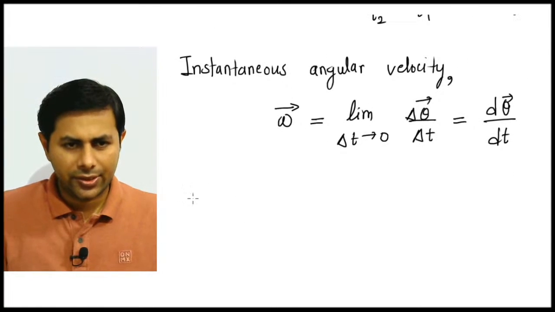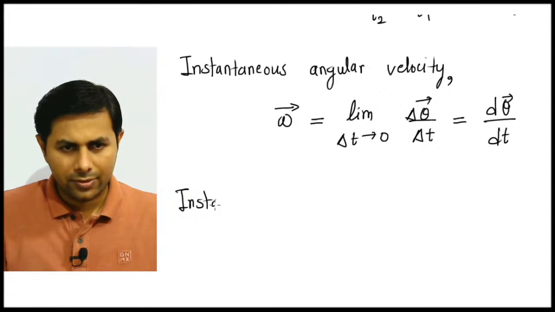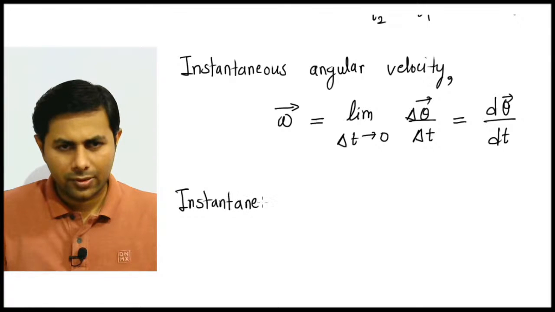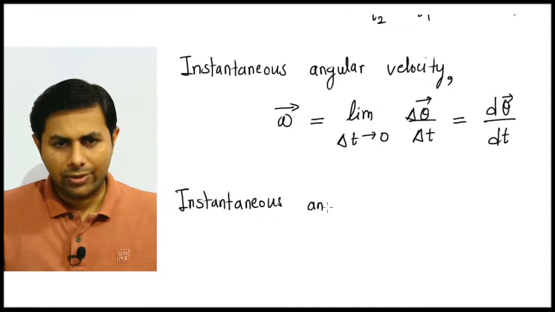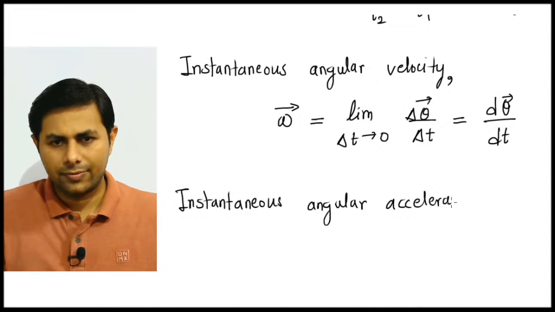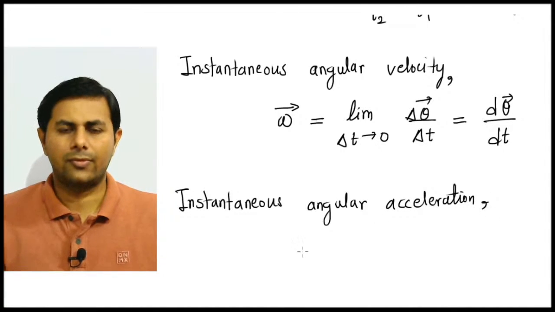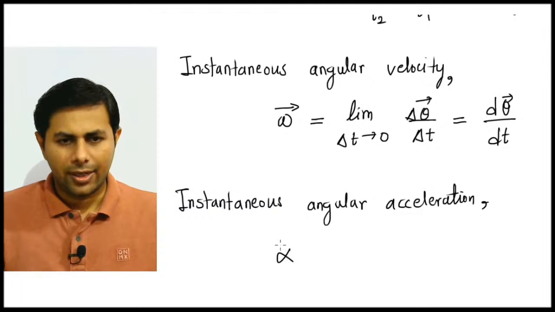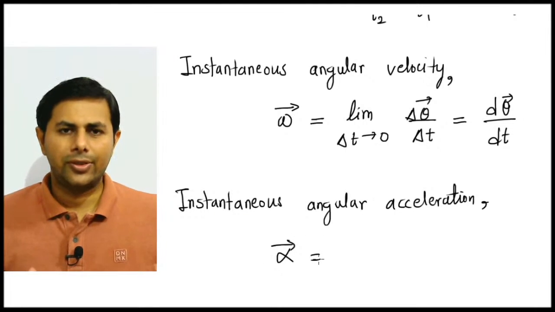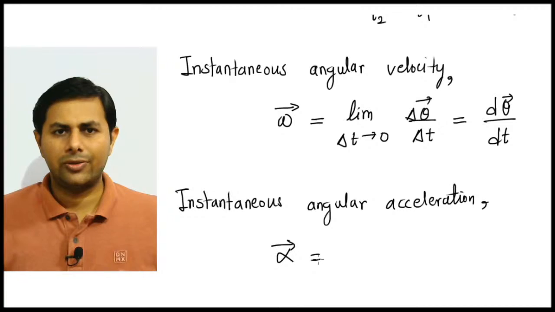The instantaneous angular acceleration can be defined as alpha bar equals the derivative of angular velocity with respect to time.